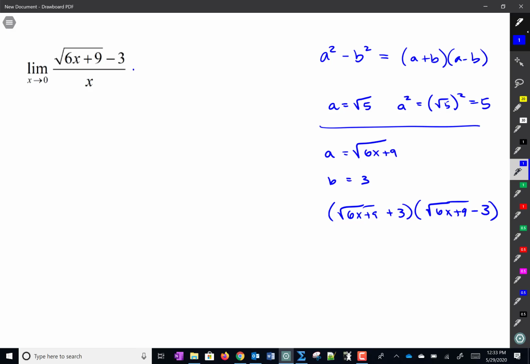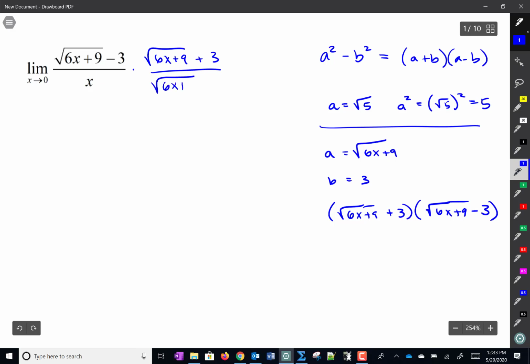So if I multiply top and bottom by the conjugate, I am purposefully setting up the difference of squares. And that's going to enable me to get rid of that square root that's in the numerator. And that square root is ultimately what's giving us the division by 0.